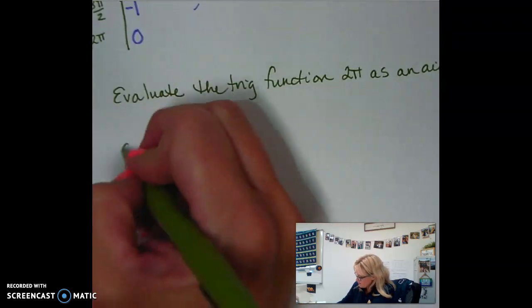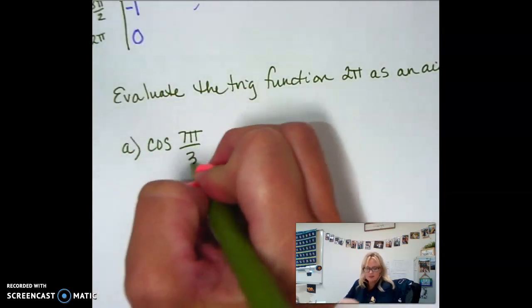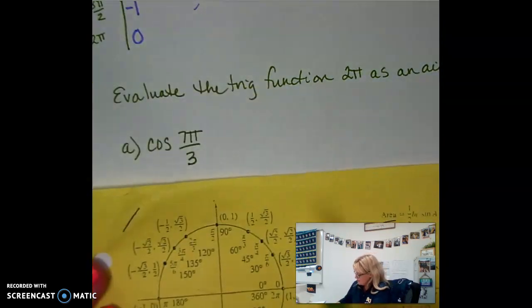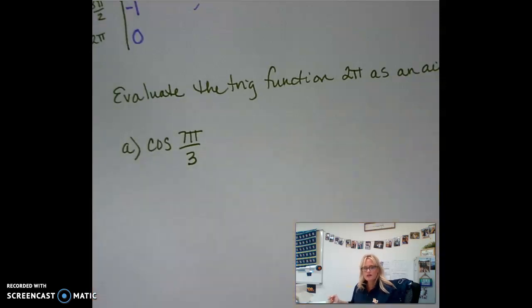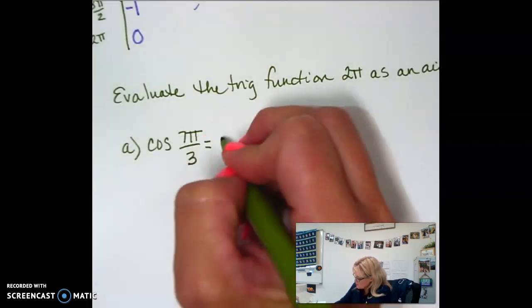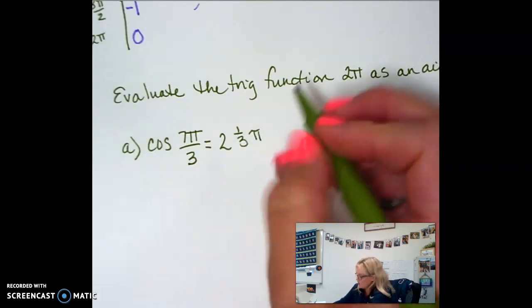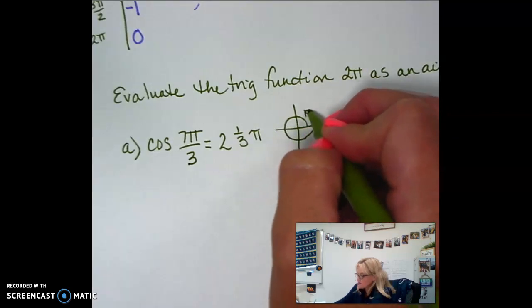So if you look at finding the cosine of 7 pi over 3. Well, if I take my unit circle, I can't find a 7 pi over 3. Well, why can't I? Because 7 pi over 3 is bigger than 2 pi. This is the same as saying 2 and 1/3 pi. So we've already gone around the unit circle once, and now we're at 1/3 of a pi.